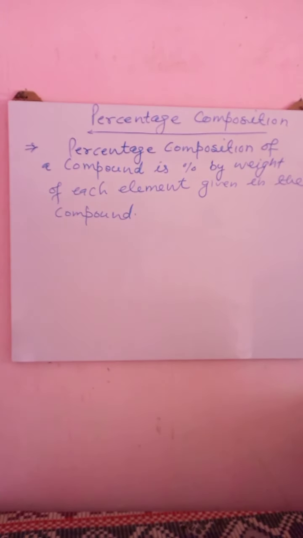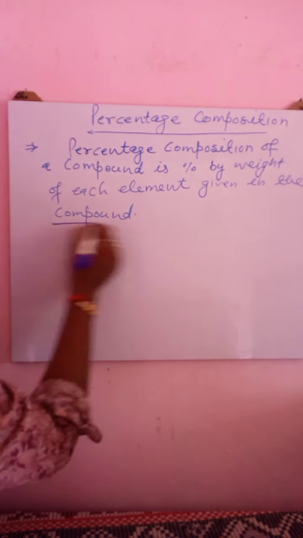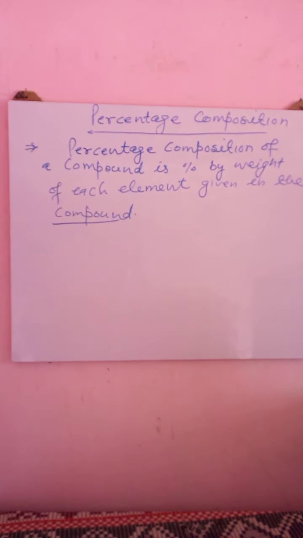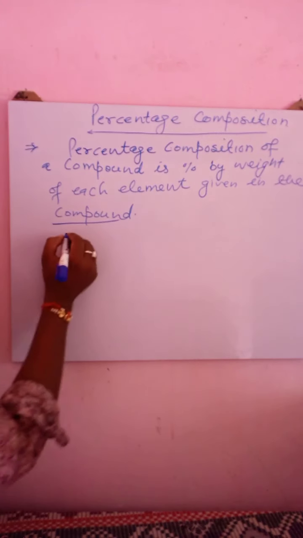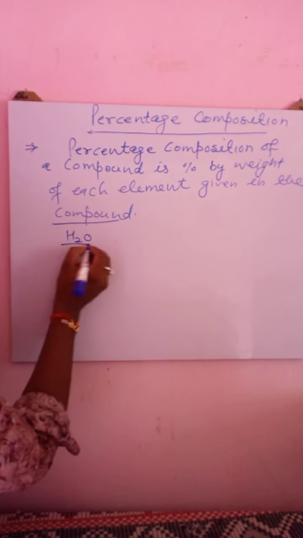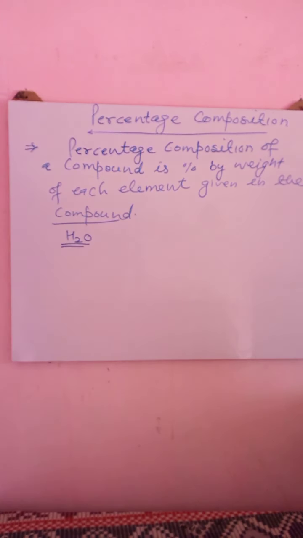Suppose you have to find out the percentage composition of each element present in a water molecule, H2O. The question is, find out the percentage composition of the water molecule. It means you have to find out the percentage of each element present in the water molecule.